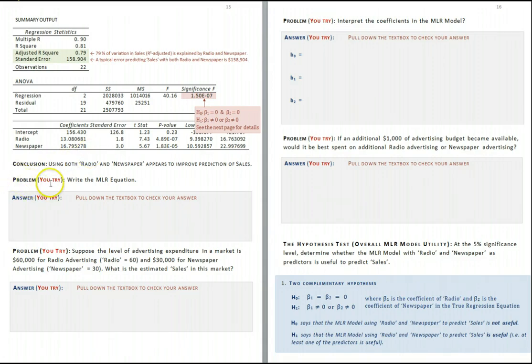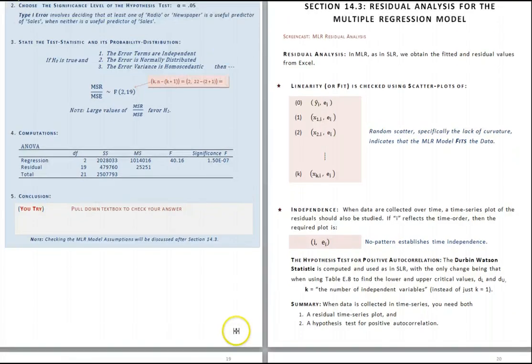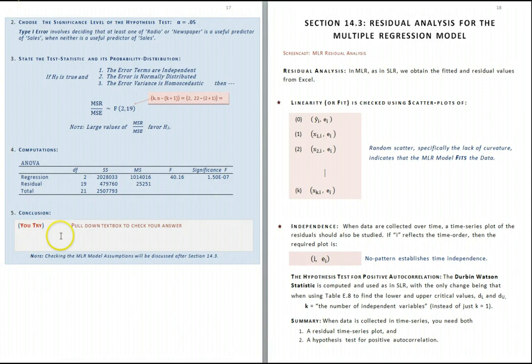On the next several pages, you are asked to go through a sequence of U-try problems. In the blue area, you are asked to go through all 5 steps of the hypothesis test for overall model usefulness. There is a U-try problem at the end. This will complete this screencast.